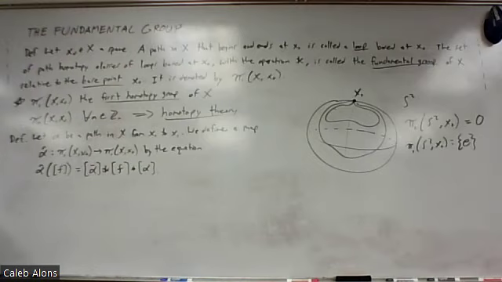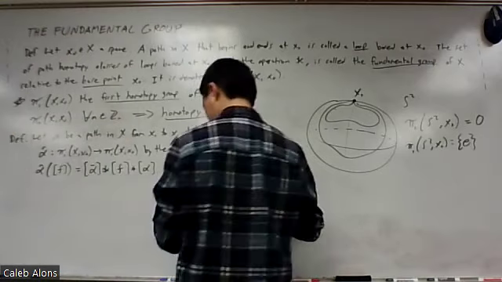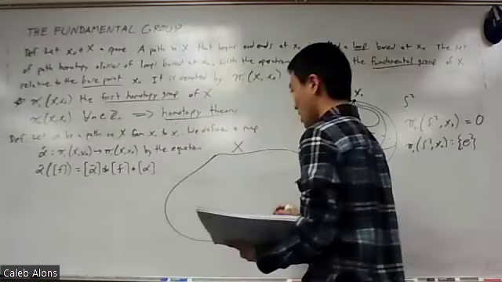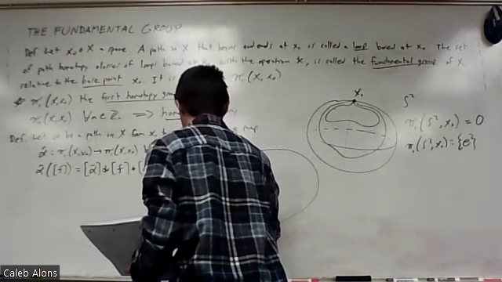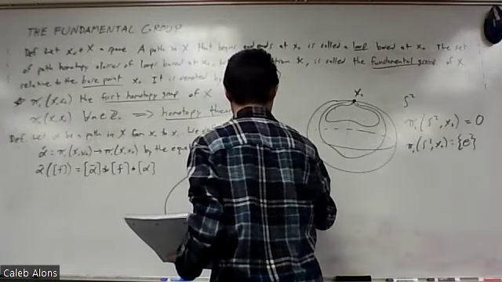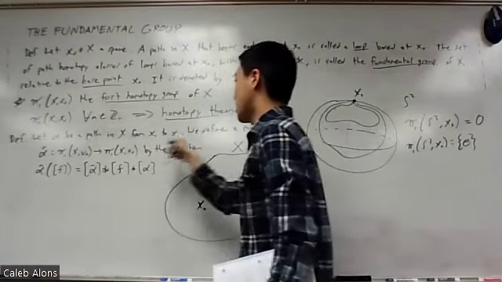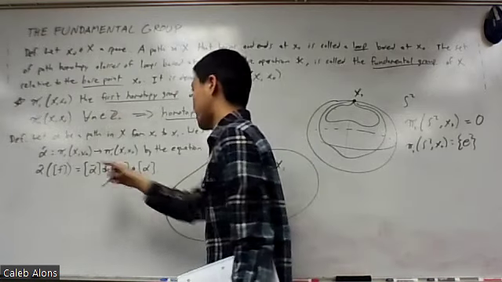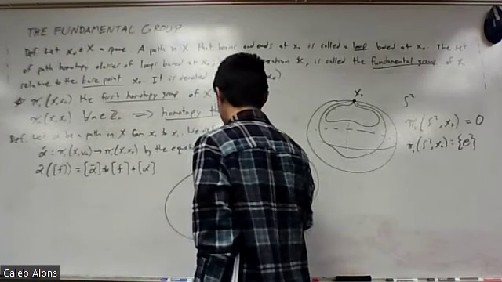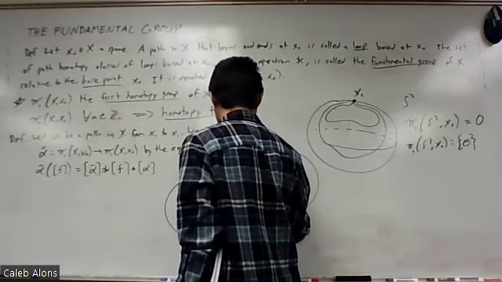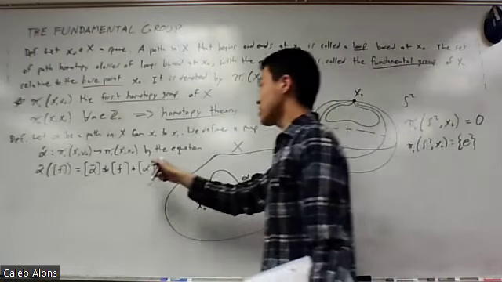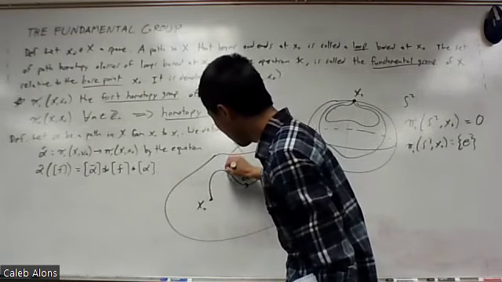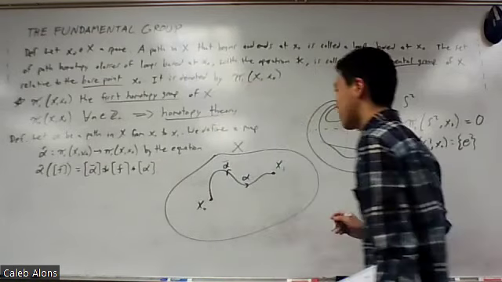Obviously, alpha hat is going to be well defined because, here's my space X, and I have a path between X naught and X1. Alpha is some sort of path from X naught to X1. Reversing the direction is what the little bar is. So if I now go from X1 and reverse the direction, I'm going to call that alpha bar.